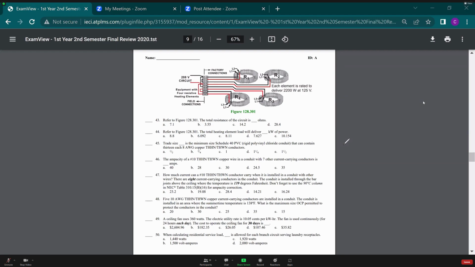Corrected amps is equal to table amps multiplied by temp derate multiplied by number of wire derate.